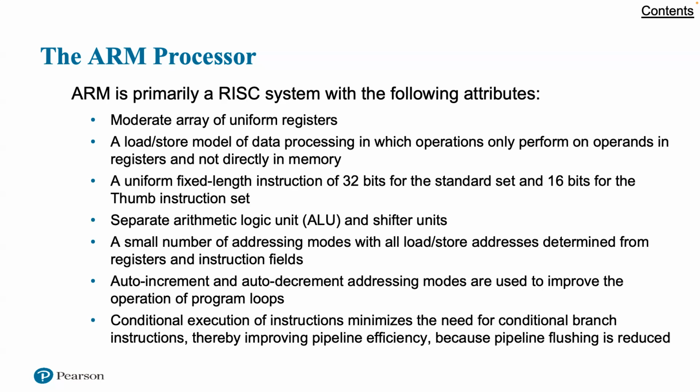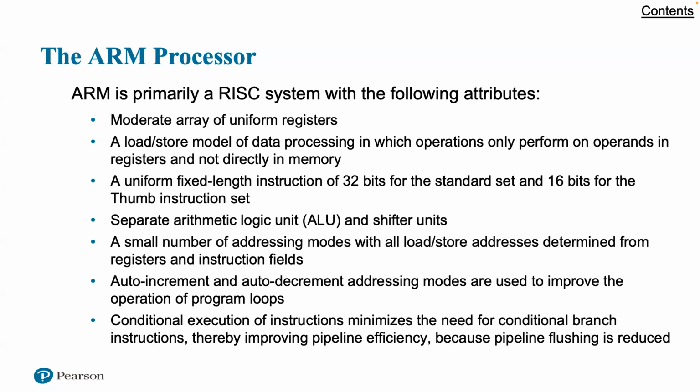To make each data processing instruction more flexible, either a shift or rotate can pre-process one of those source registers. To efficiently support this feature, there are separate arithmetic logic units, ALU, and shifter units. A small number of addressing modes, with the load/store addresses determined from the register instruction fields; indirect or indexed addressing involving values in memory are not used.